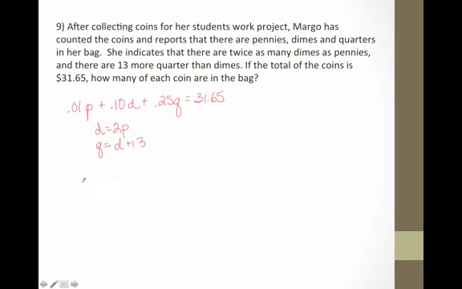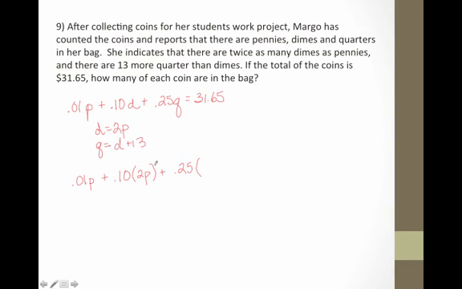So I'm going to start substituting into my equation. I've got some value of pennies right now. I don't have that solved in any other variable, but I do have my dimes solved in terms of pennies. So I'm going to put in 2p for my dimes. And my quarters, I've got equal to dimes plus 13.